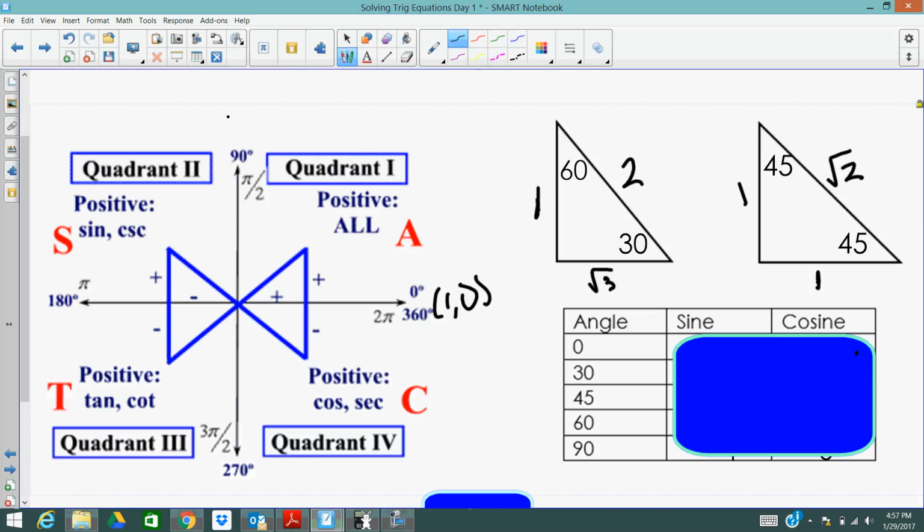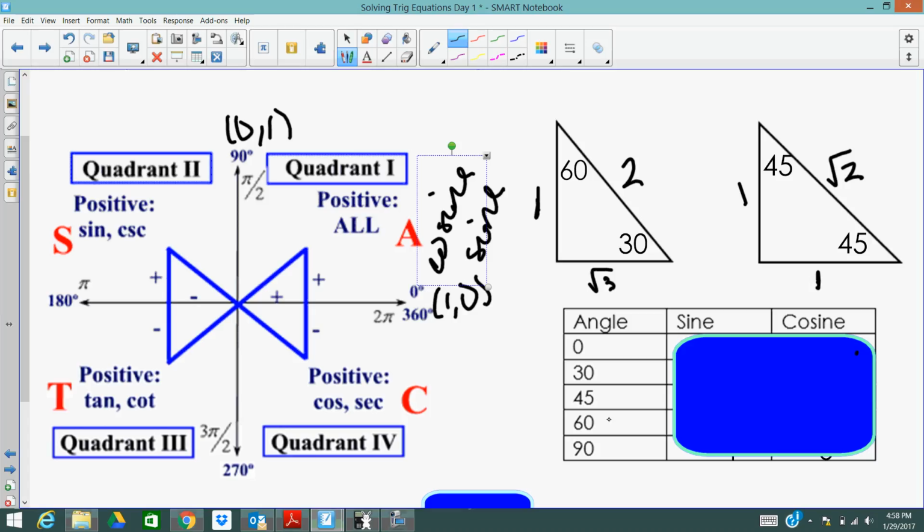And 90 has the coordinates 0, 1. So sine of 0 degrees is 0. Cosine of 0 degrees is 1. Because remember, x is cosine. Y is sine.